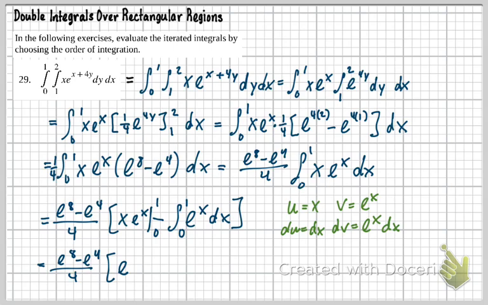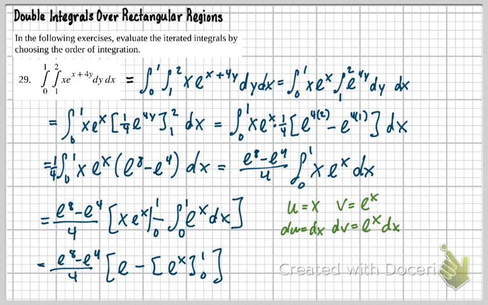Okay, now for this second piece, I'm going to integrate that. So the integral, and I'm going to put my minus in there as well, the integral of e to the x dx is just e to the x. So e to the x from 0 to 1. When I plug in 1, I get e. When I plug in 0, I get 1.